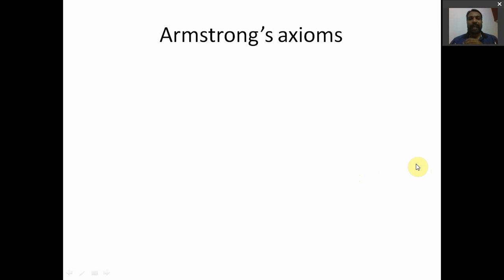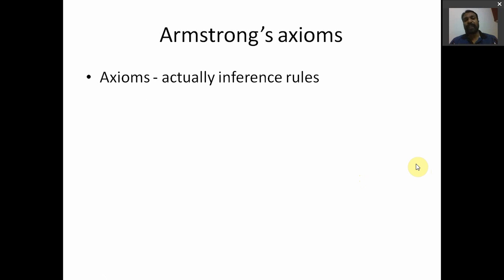So Armstrong's axioms. Actually, these are not axioms; these are inference rules. Armstrong wrote these axioms in 1974. If you remember, axioms in the mathematical sense mean known facts or given facts.